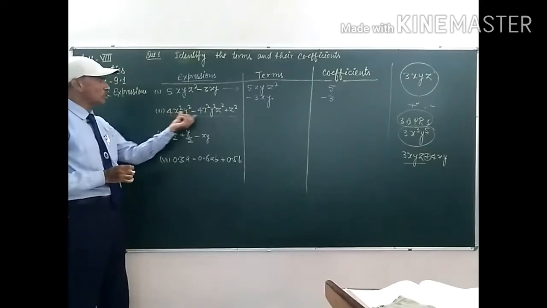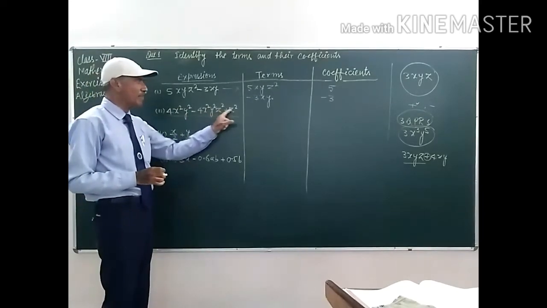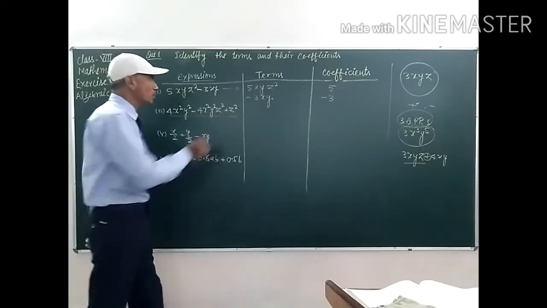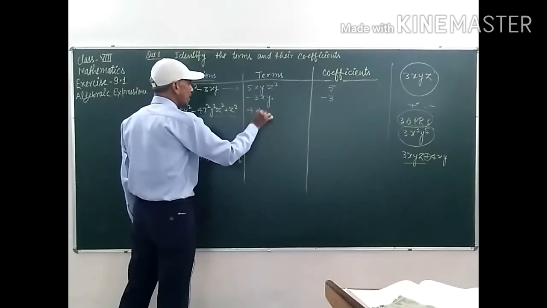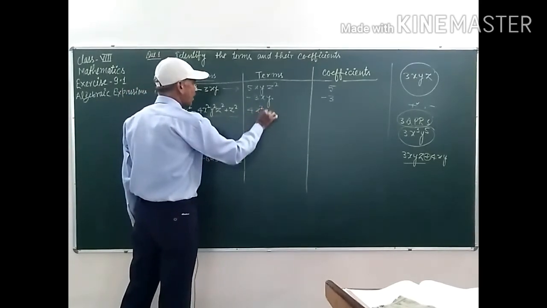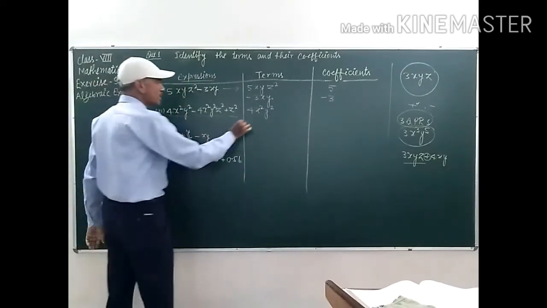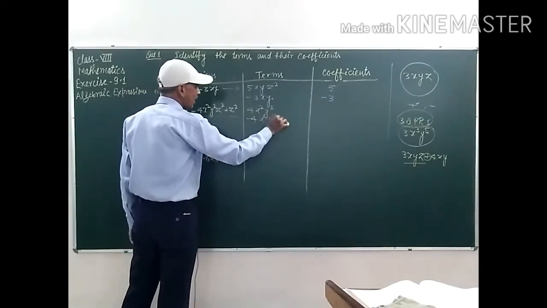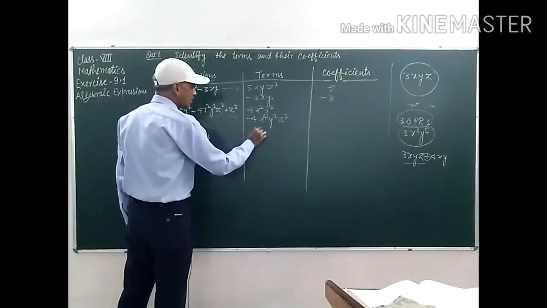Because in between these terms there is a sign of negative, it separates the terms, and a sign of positive also separates the terms. Okay, plus. So first term is 4x square y square. Okay, student, and the second term of this expression is minus 4x square y square z square, and the third term is z square.